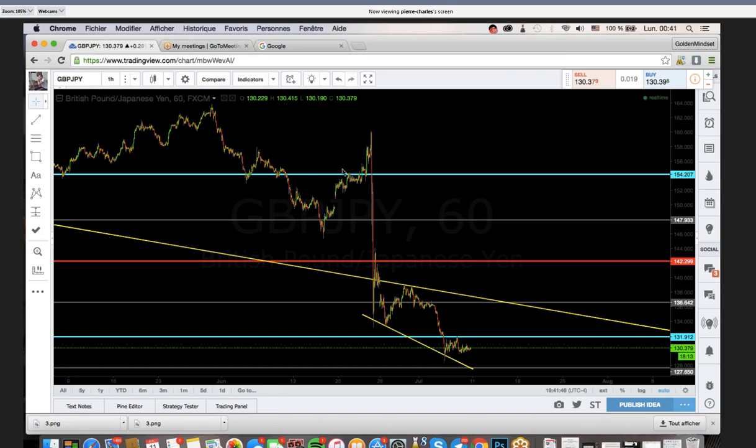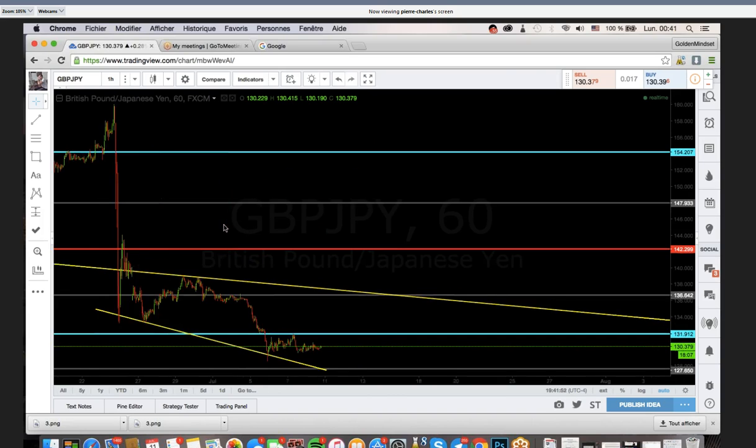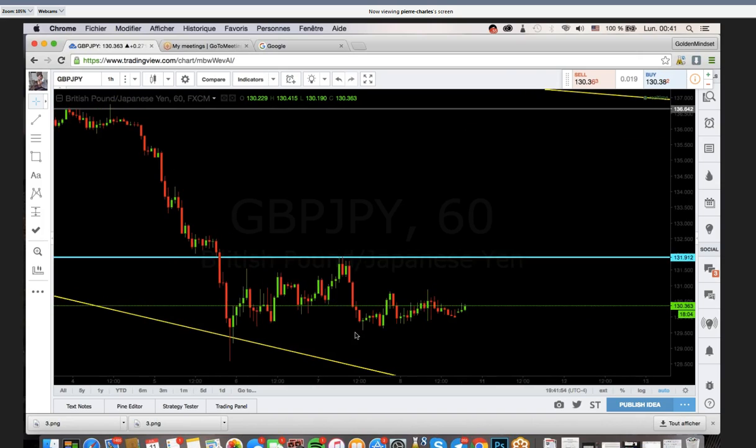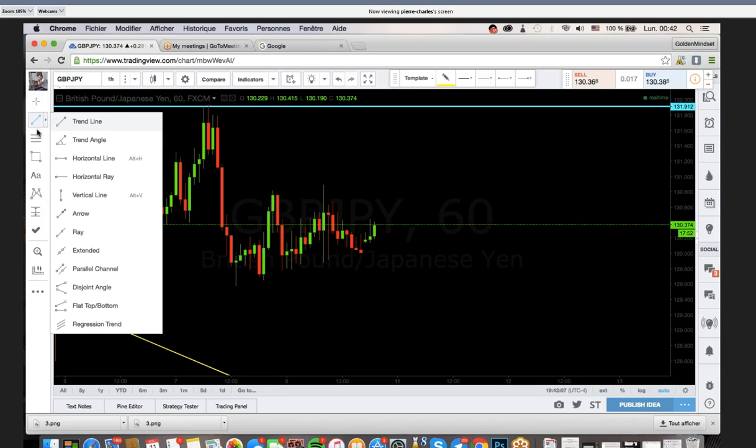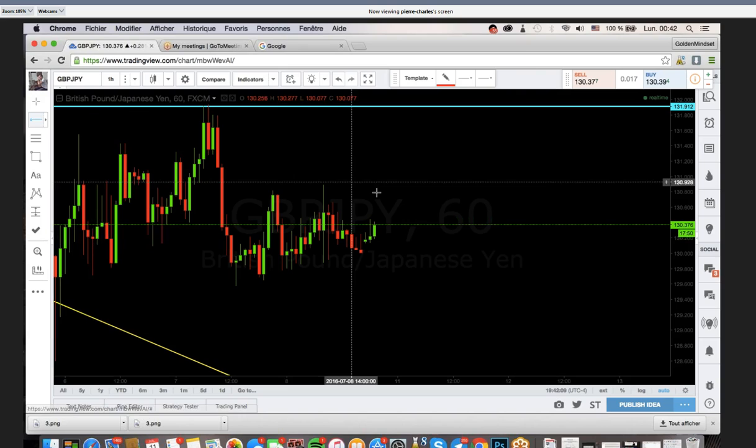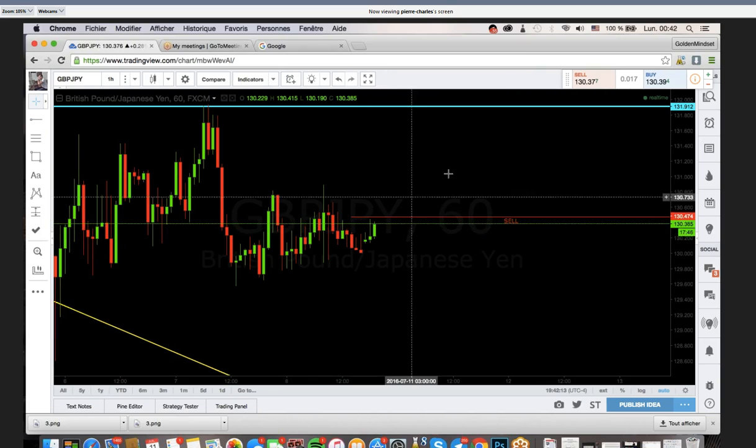Plus, you're going to be late because every indicator has a lag. For example, I have a candlestick pattern that is telling me it's bullish. Without my indicator, I could enter and put a buy stop there, and that's it.